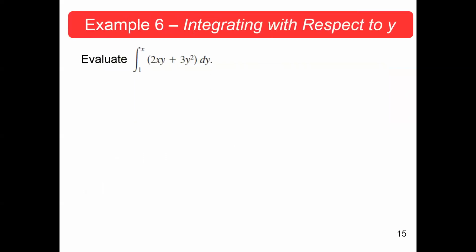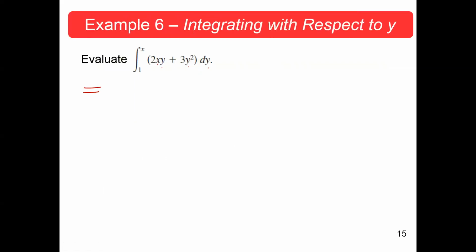Like example 6. Example 6 is related to example 7, but let's first start with this kind of integral. Suppose I'm doing the integral from 1 to x of 2xy plus 3y squared dy. What's going to be its antiderivative? Y is the variable.